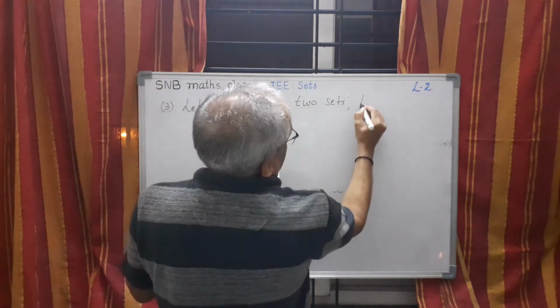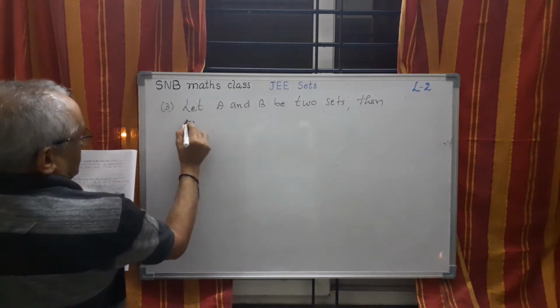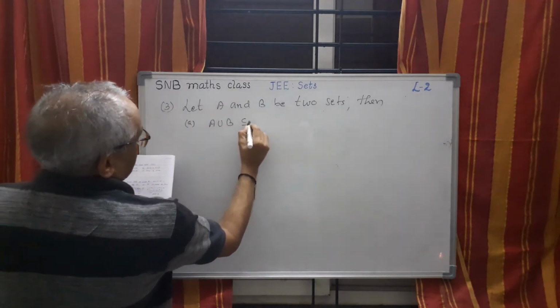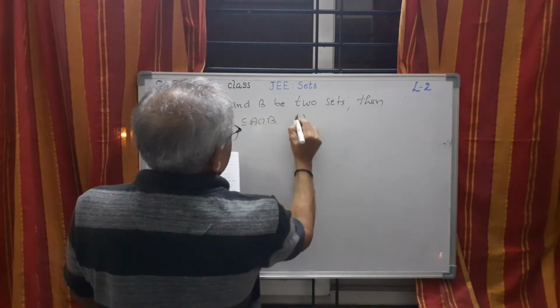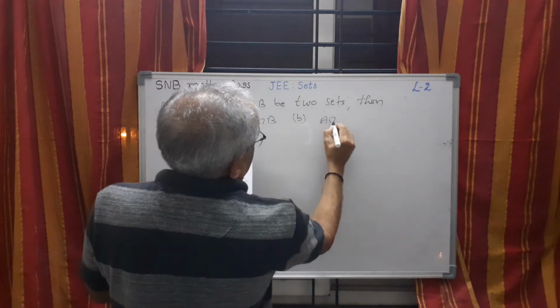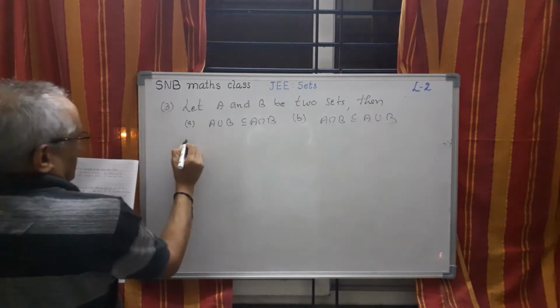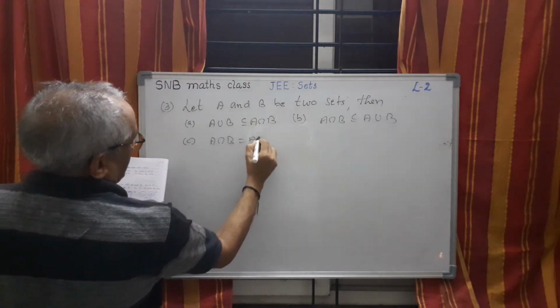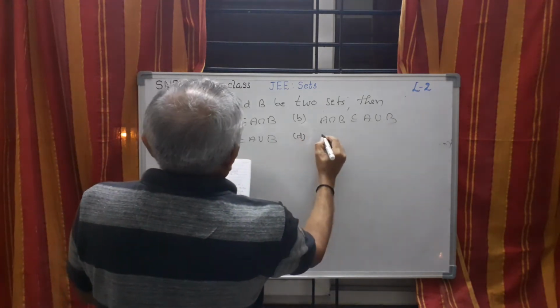Then, first option: A union B is a subset of A intersection B. B: A intersection B is a subset of A union B. C: A intersection B equal to A union B. And D: none of these.